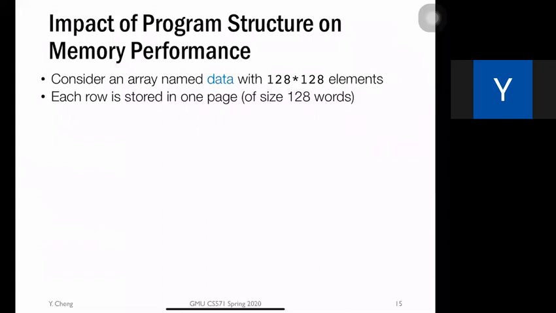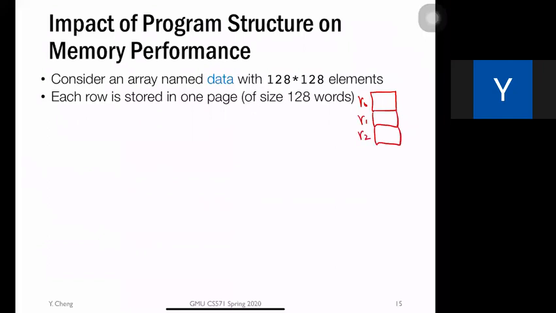If you want to draw how this data array looks in terms of memory layout, it looks something like this. This is row 0, row 1, row 2.